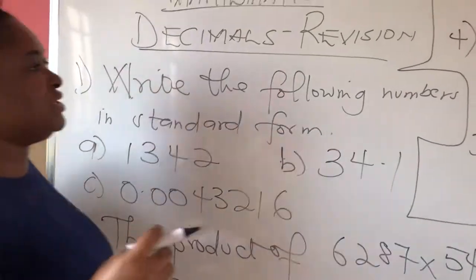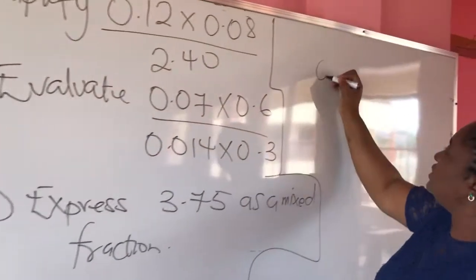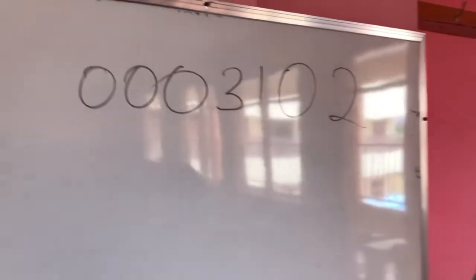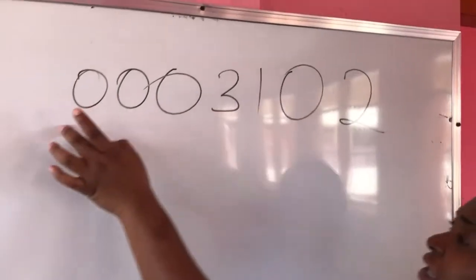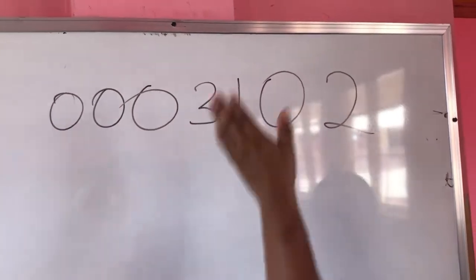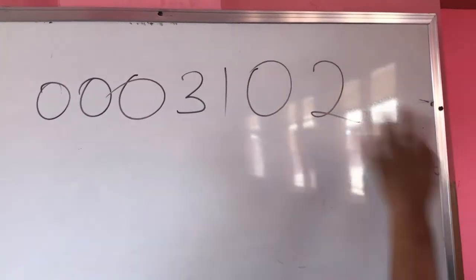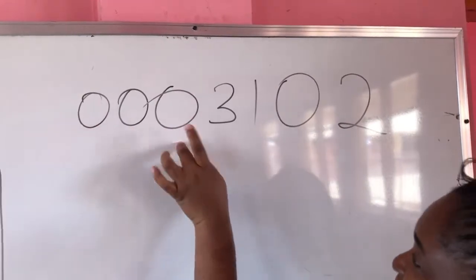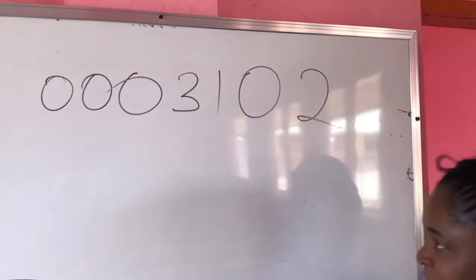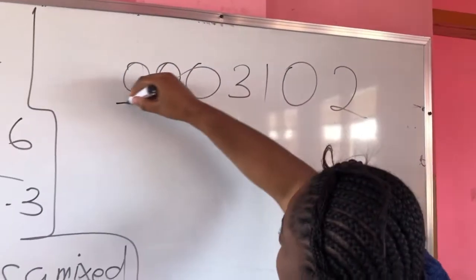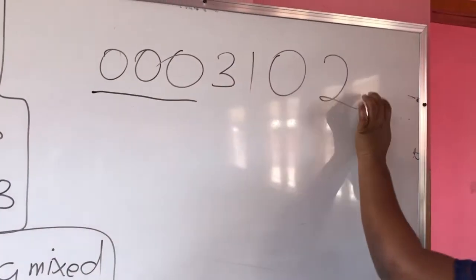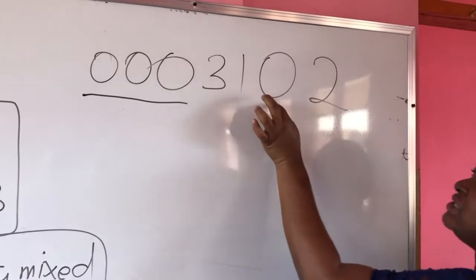We mentioned that for 0.0003102, any 0 that starts before a number from 1 to 9 is not considered a significant number. It is only the zeros that are in between two numbers, so 1, 0, 2, where this 0 is considered a significant number.